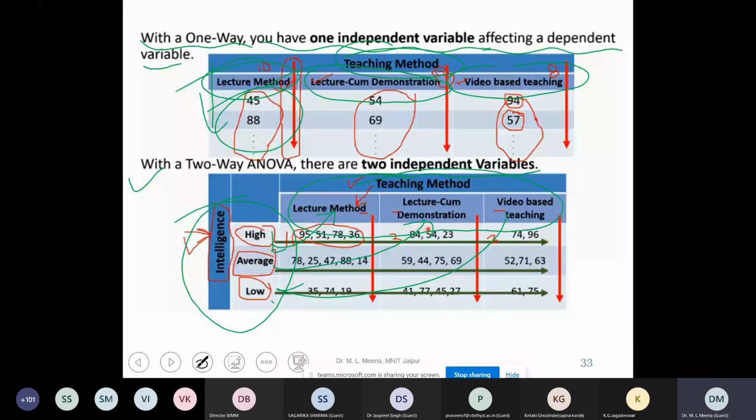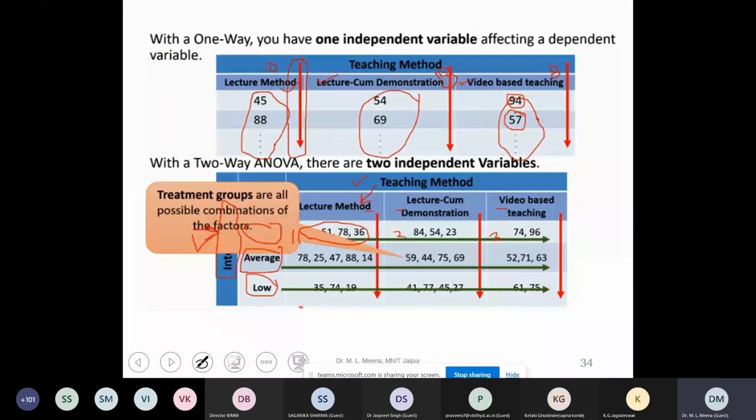So the benefit of two-way ANOVA as compared to one-way is that in two-way ANOVA, treatment groups are all possible combinations of the factors. This and this, this and this, this and this, and this. So all directions, two directions.